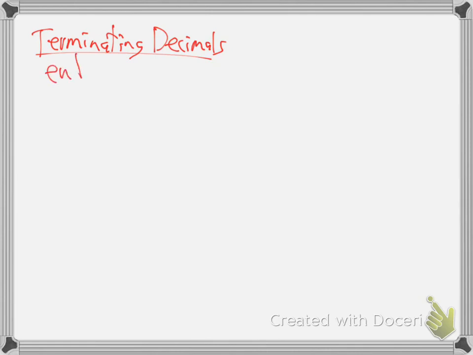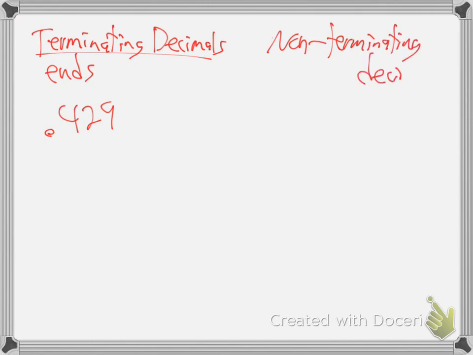It ends. So that would be like 0.429. That's a terminating decimal. So then what's a non-terminating decimal? Well, it doesn't end, right? Does not end.